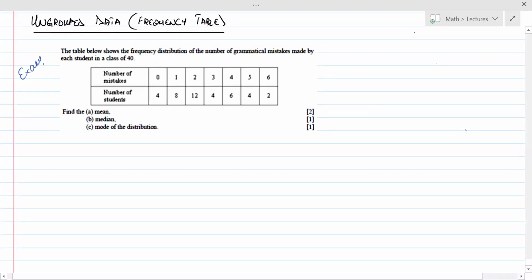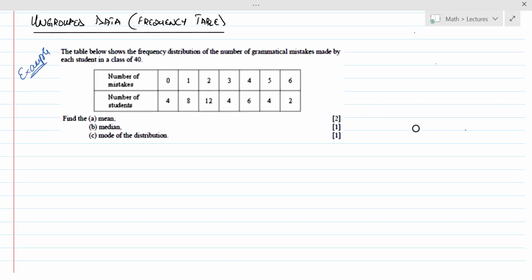Why do we call this the frequency table? The reason for calling this type of data a frequency table is because if you look at the conditions given in the question, it's about a class of 40 students. So in a way, this is the total frequency for us.